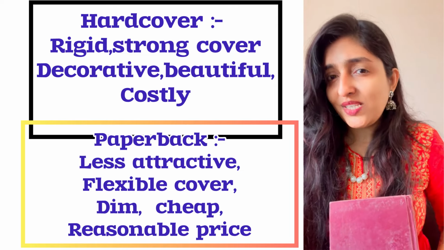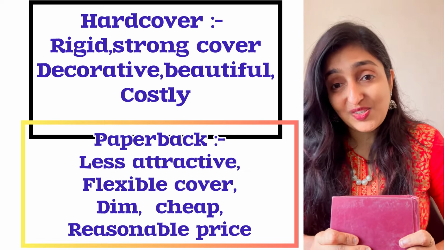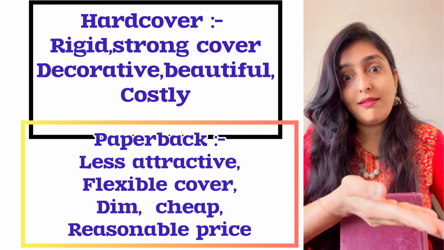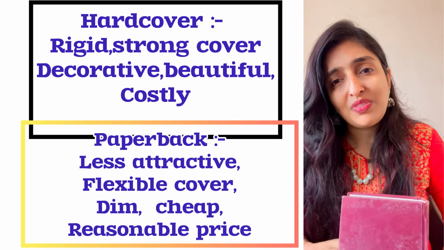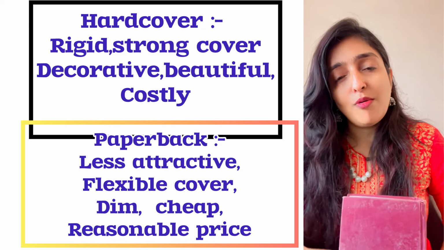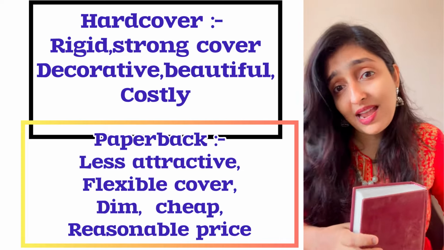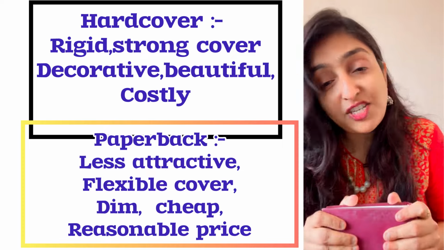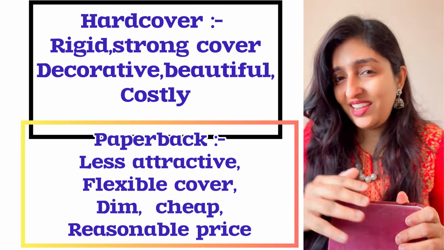Now, very soon after hardcover is released and put up for sale, there comes the paperback edition, very cheap, reasonable, very economical, made up of very flexible covers. That is the paperback edition. Paperback edition of a hardcover book is very cheap.